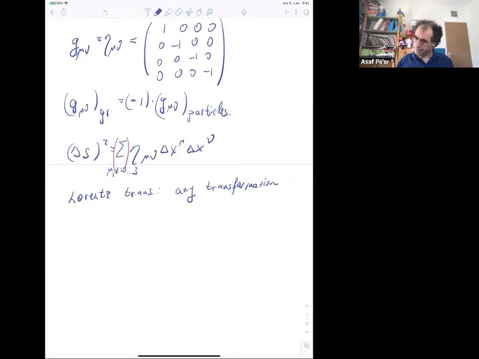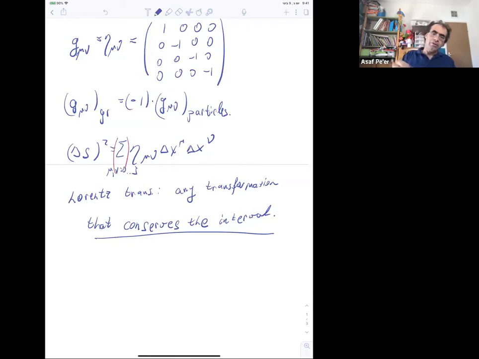It's a good point. This is the definition of a Lorentz transformation. And under this definition, we find that simple rotations in Euclidean space are a legitimate Lorentz transformation.